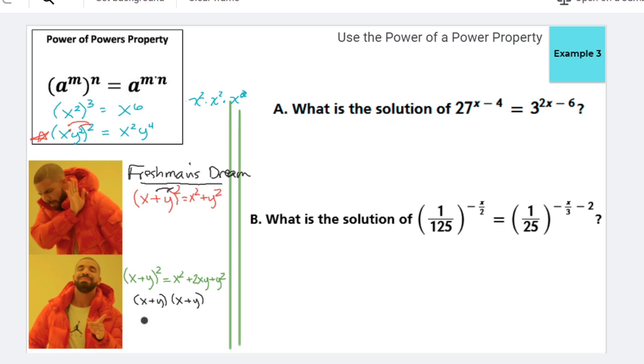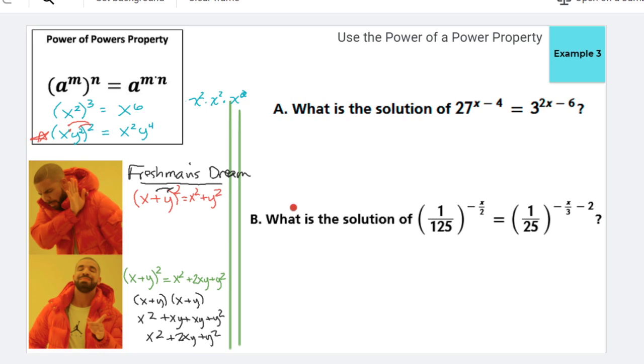So x times x is x squared, and x times y is xy. And then I'm going to take the y and distribute it to each of these terms. So y times x is xy, and y times y is y squared. And then if you combine your like terms, you get x squared plus 2xy plus y squared.